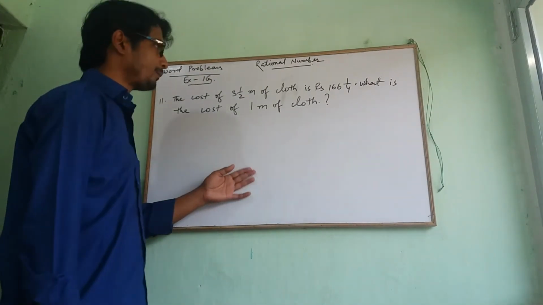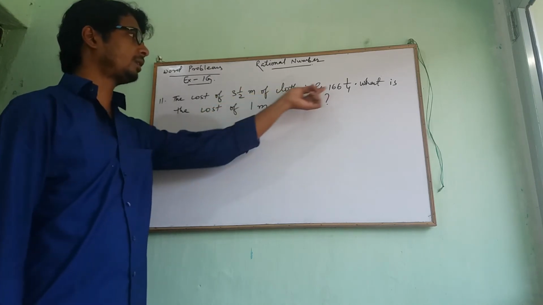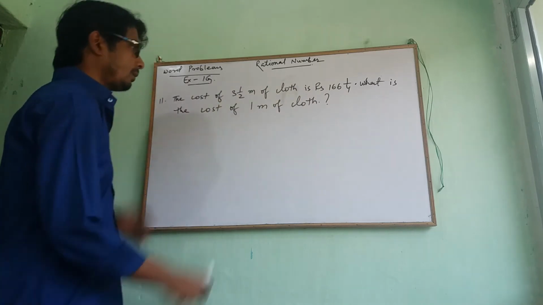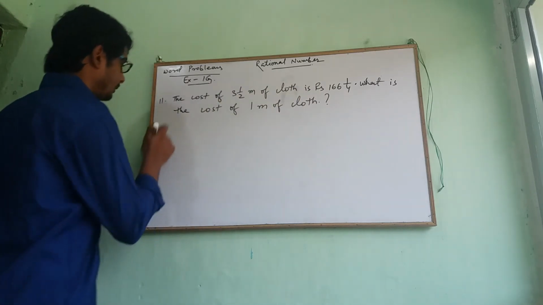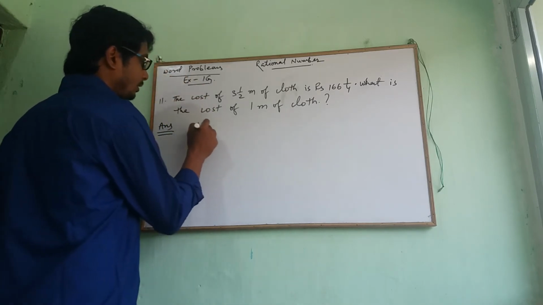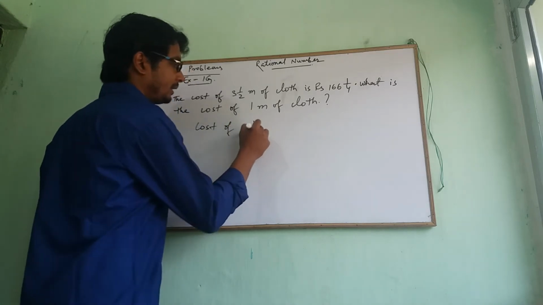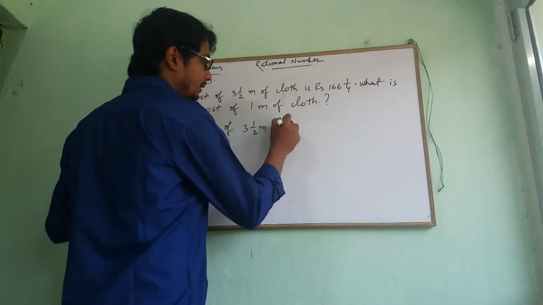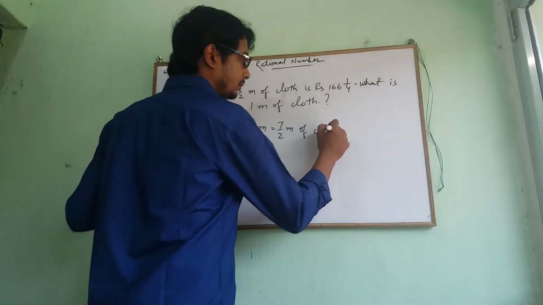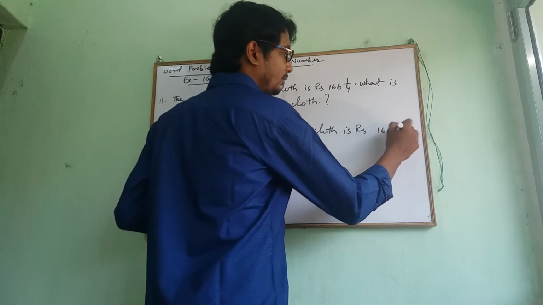So let's see. Here we have given that 3 whole 1 by 2 meter of cloth is costing rupees 166 whole 1 by 4. Now I have to find the cost of 1 meter of cloth. So the cost of 3 whole 1 by 2 meter, that is 7 by 2 meter of cloth, is rupees 166 whole 1 by 4.